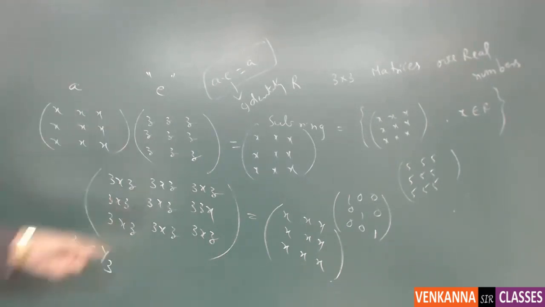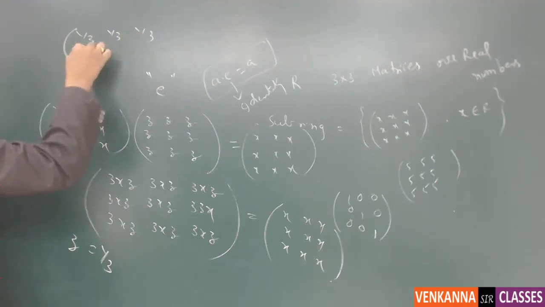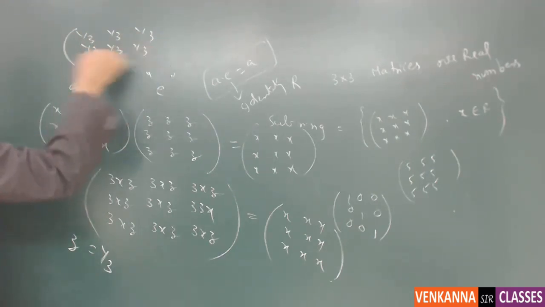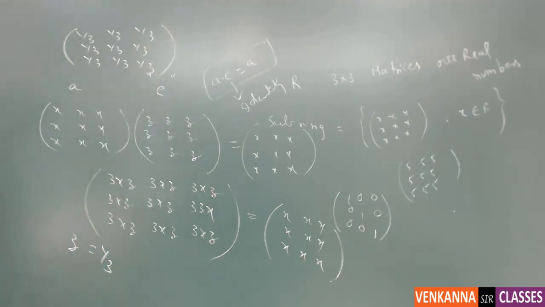So what is the corresponding identity matrix there? You can check for this, as we have 3xz is equal to x.